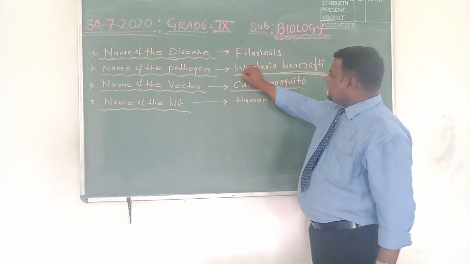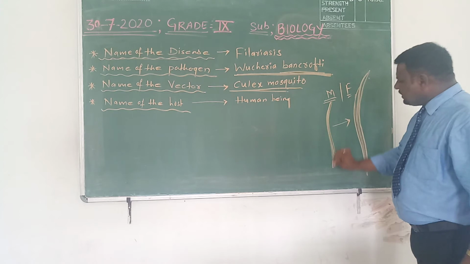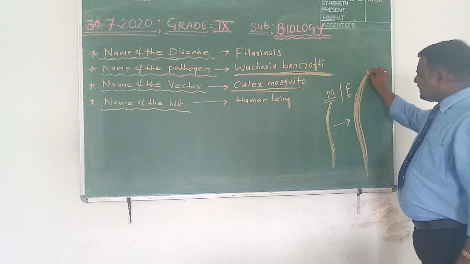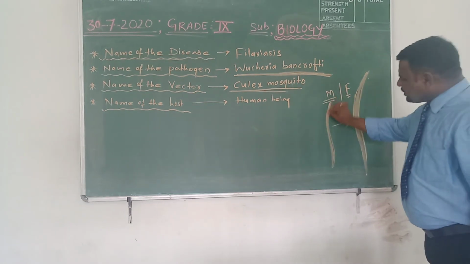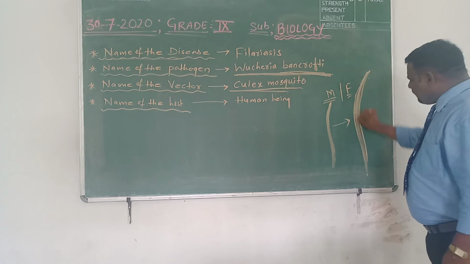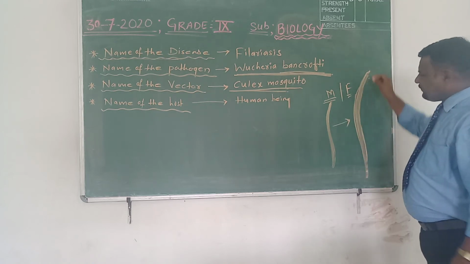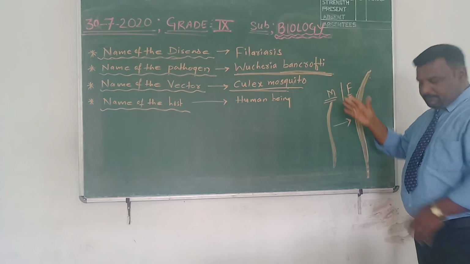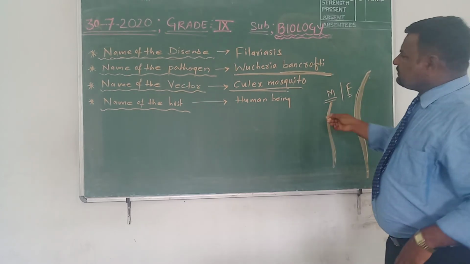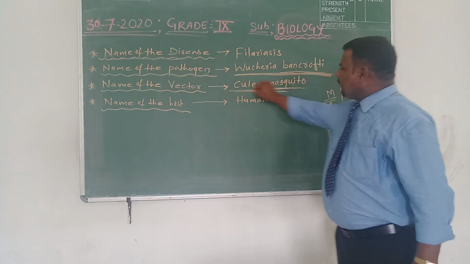So this Wuchereria bancrofti, male worm and female worm, as mentioned earlier, the male worm will be shorter than the female worm. The female worm is a little larger than the male worm. Both worms will be living in the body of Culex mosquito.